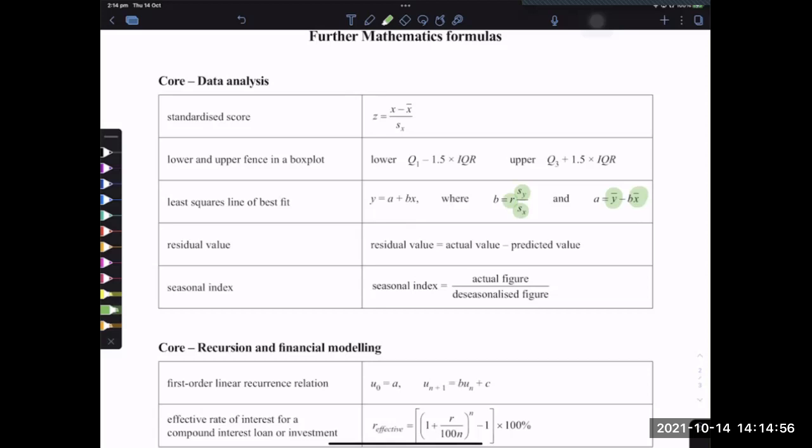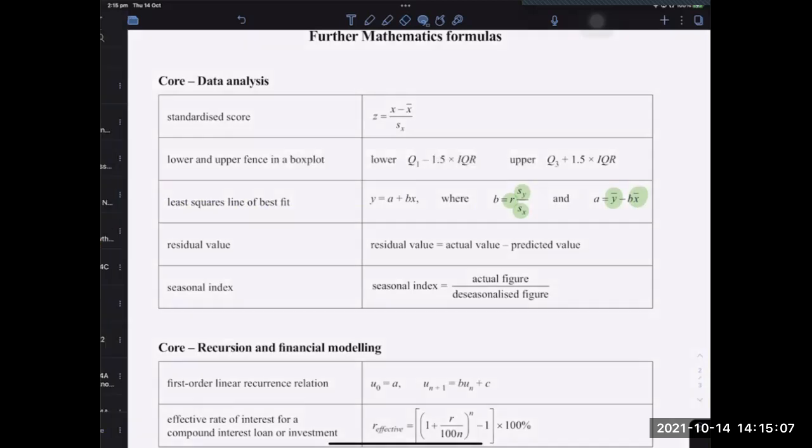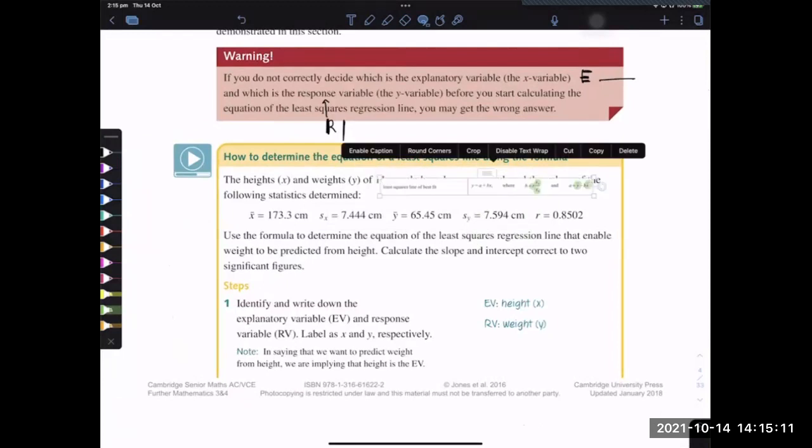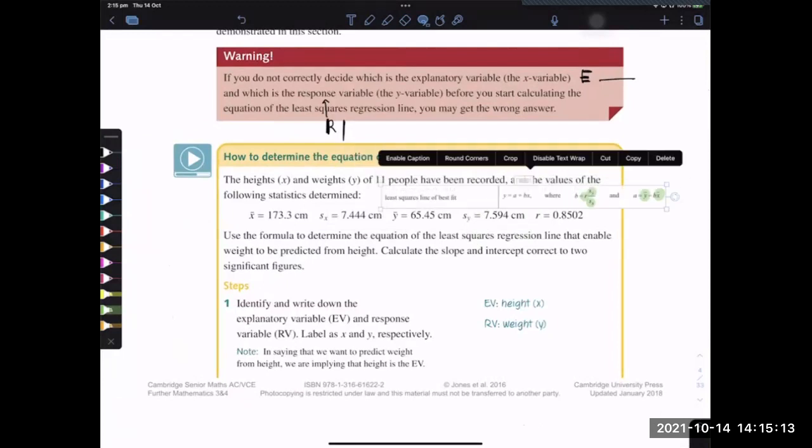So keep those in mind. I might copy this formula and paste it into the notes, which I already have done in our other lesson, but now we're going to apply that knowledge.